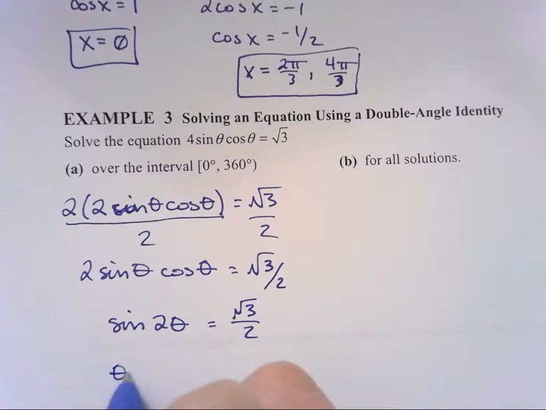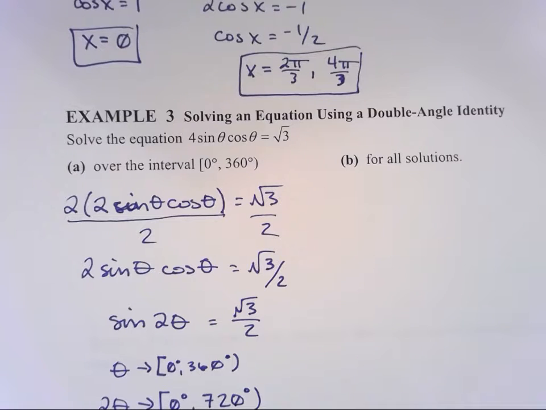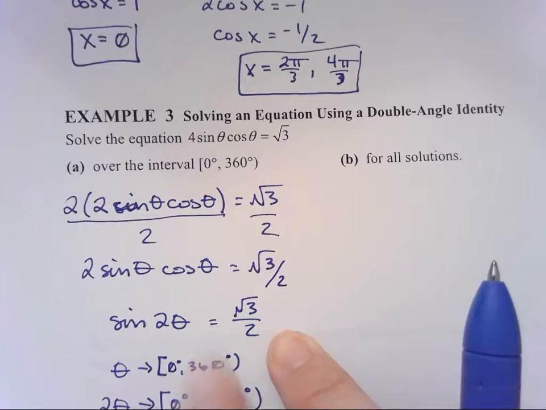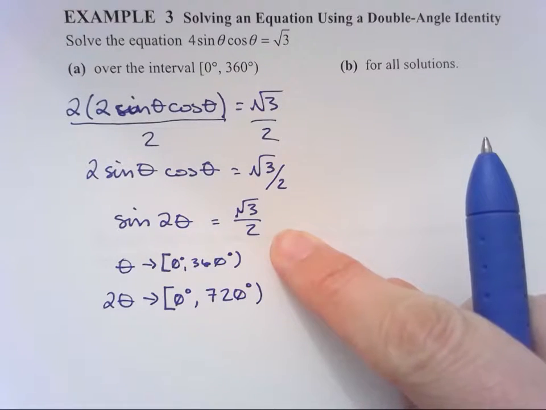If theta is in the interval 0 to 360, then 2 theta is in the interval 0 to 720. So I have to find every angle that spits out root 3 over 2 when you take sine of it on this interval.